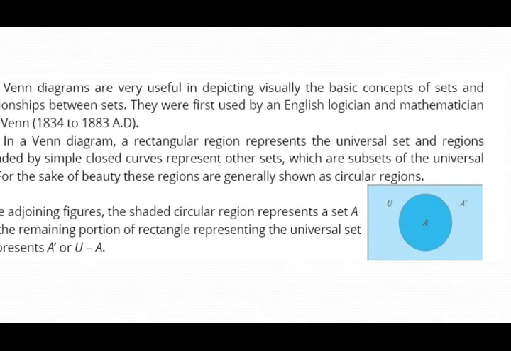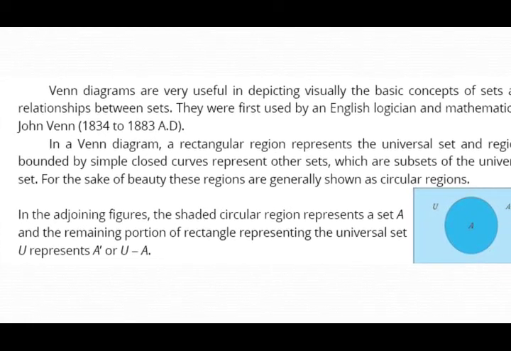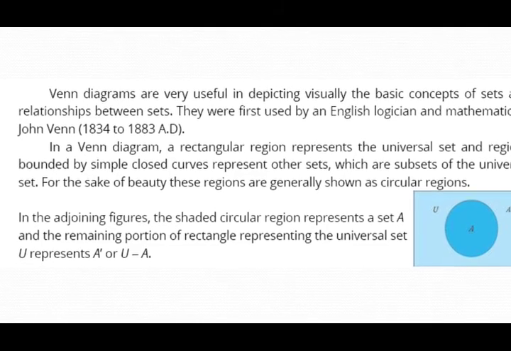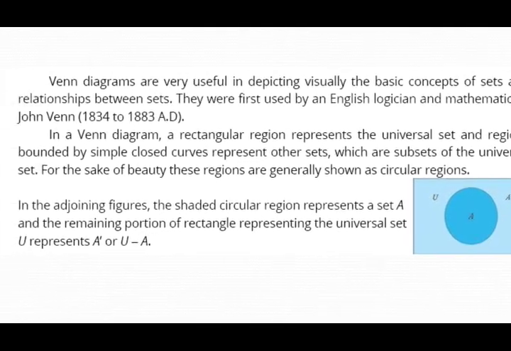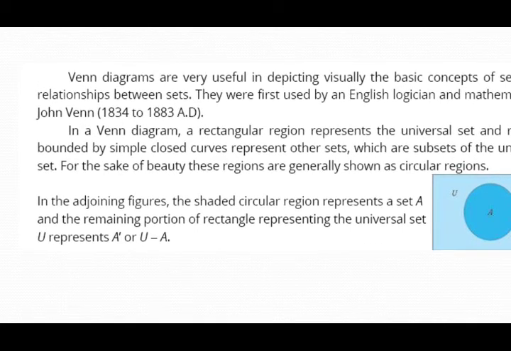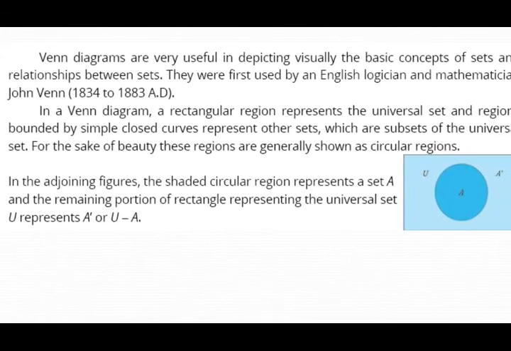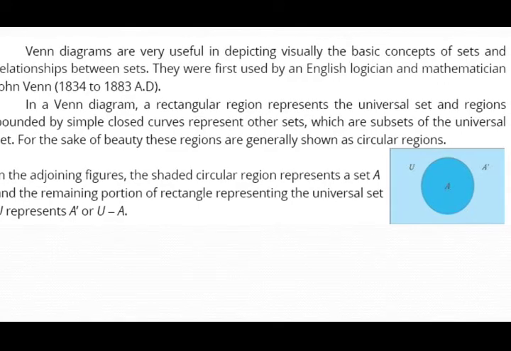The box is called the universal set. The regions bounded by simple closed curves represent other sets, which are subsets of the universal set. For the sake of beauty, these regions are generally shown as circular regions. In this diagram, A is shaded blue and A complement is shaded light blue.